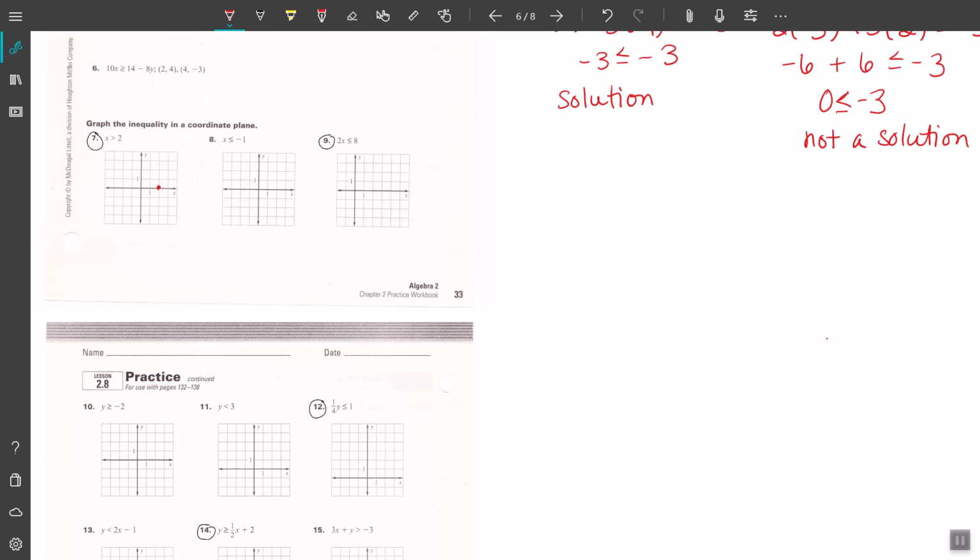In this case, because x is greater than 2, but it cannot equal 2, we have to draw a dotted line.